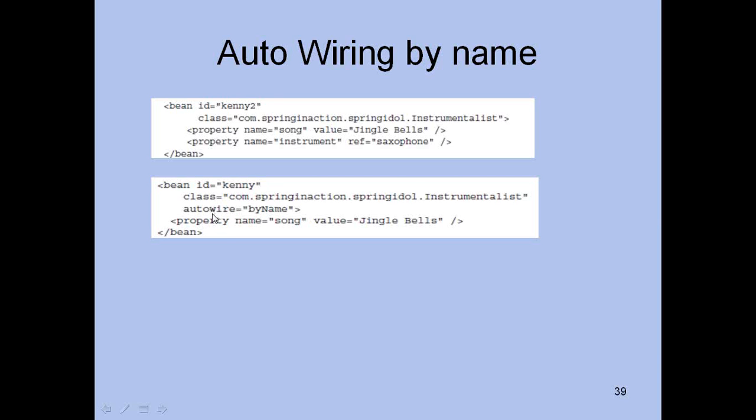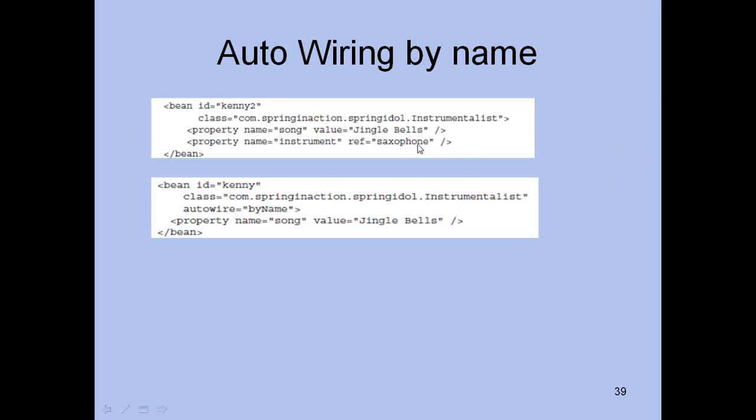Let's suppose you haven't defined any auto wiring, and in that case you have to explicitly mention property name equal to instrument, ref equal to saxophone. So there is a saxophone bean that you are injecting into the instrument property in the InstrumentList class.